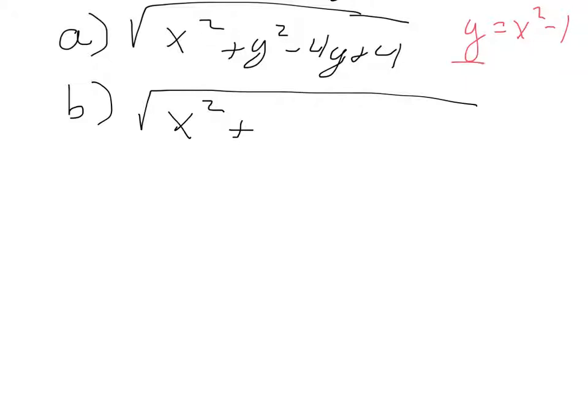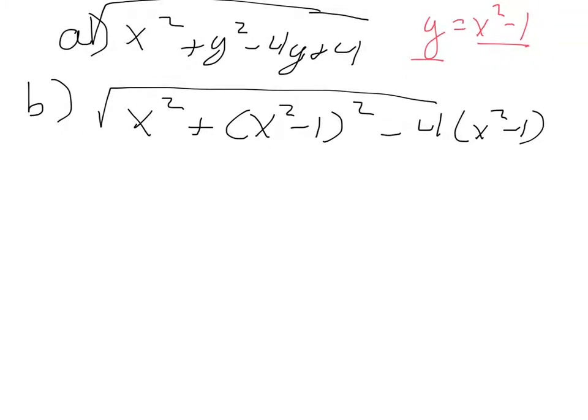So remember, these are equivalent, so anytime you see y, you plug in x squared minus 1. So you're going to have x squared plus, and then for y squared you're going to plug in x squared minus 1 squared, and then minus 4y, so minus 4 times x squared minus 1.